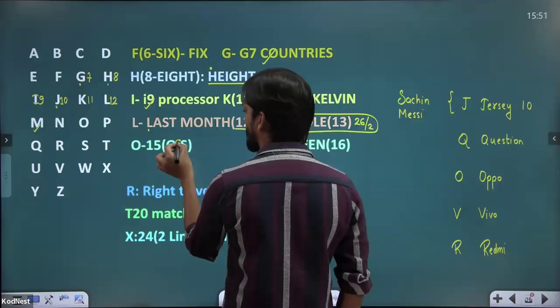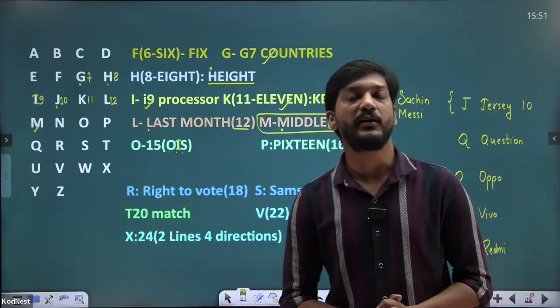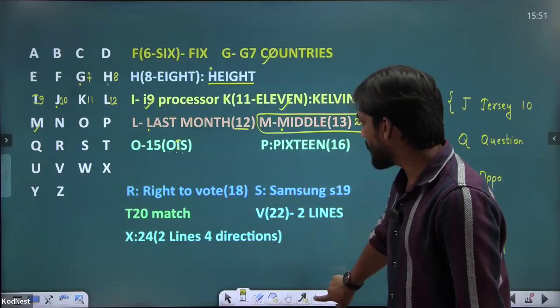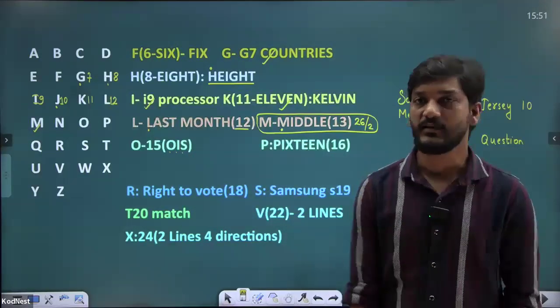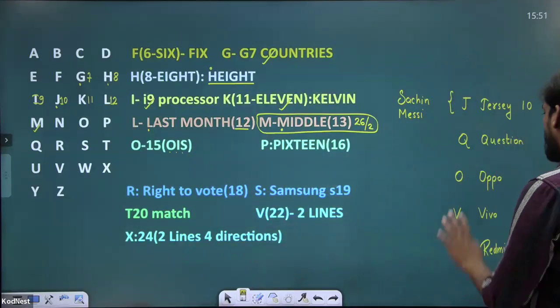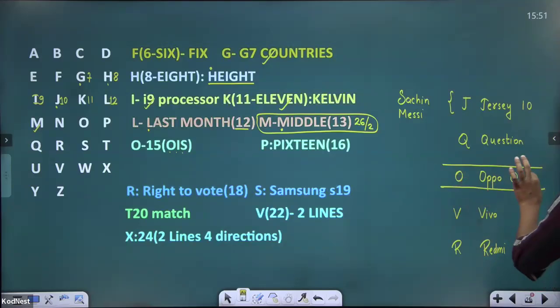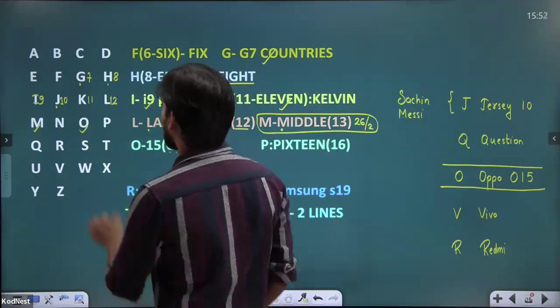It is a feature which you observe in cameras, which is optical image stabilization. If I remove this, it looks like O15, but I don't like this. If you like this, then you can use it. Otherwise, I will say Oppo O15, this way you memorize. It will be good and easy also. So Oppo O15, this way we have to memorize.